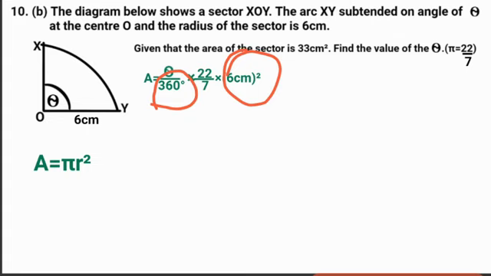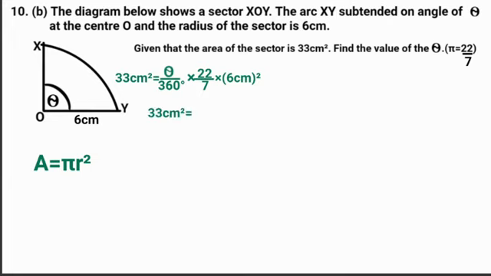So what I'm going to do now is simplify that. That means the rest will be written just the way they are. Remember, we are also given that the total area is 33 centimeter squared. So where there was area, I've put the actual value of the area.